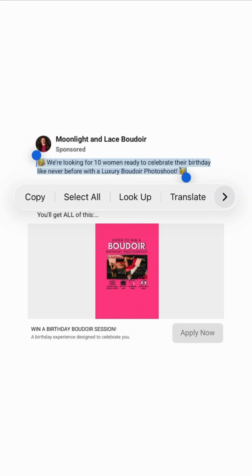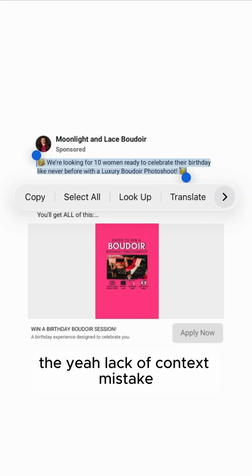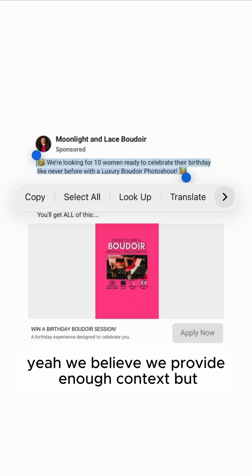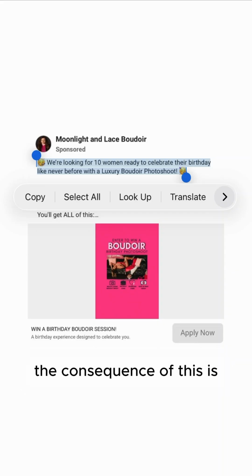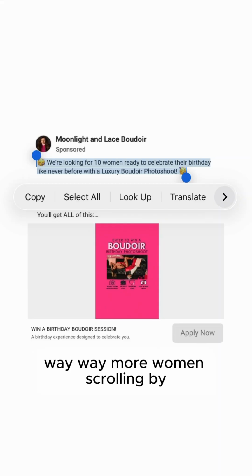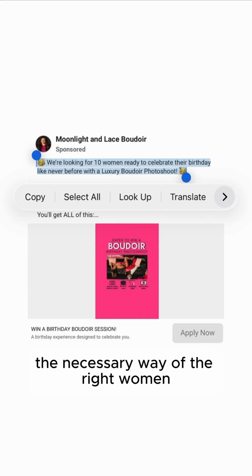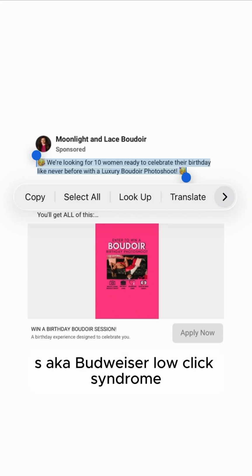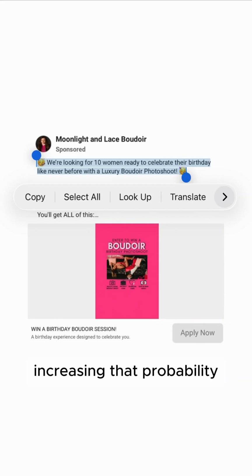So this is the lack of context mistake. The false belief that caused us to make this mistake is we believe we provide enough context, but the consequence is we actually have way more of the right women scrolling by than necessary, pulling our unique CTR down and pointing to us having BLCS, aka Boudoir low click syndrome, increasing that probability.